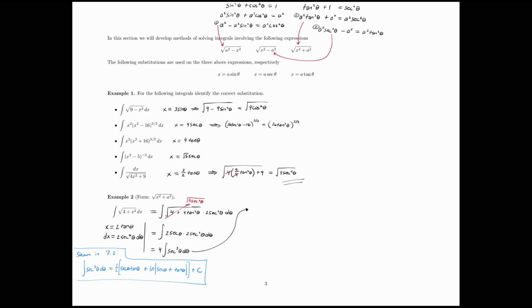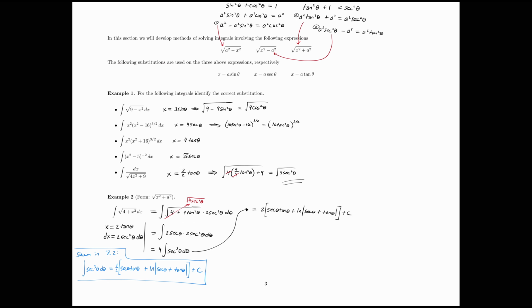Of course, when we multiply this 4 by this 1/2, we'll get a 2. So that's why I'm going to write a 2, not a 1/2. So 2, and we've got this big old nasty expression. So this is 2 times secant theta tangent theta plus natural log absolute secant theta plus tangent theta, plus c.